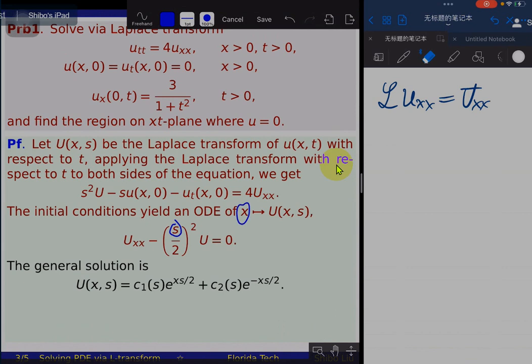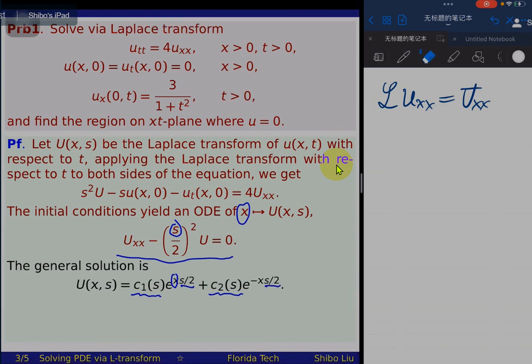So this ODE is a linear constant coefficient ODE, so you can write down its general solution. Of course, the constants C1 and C2 depend on s, the parameter s. And for these two exponential functions, the variable is x. The s here are just parameters.